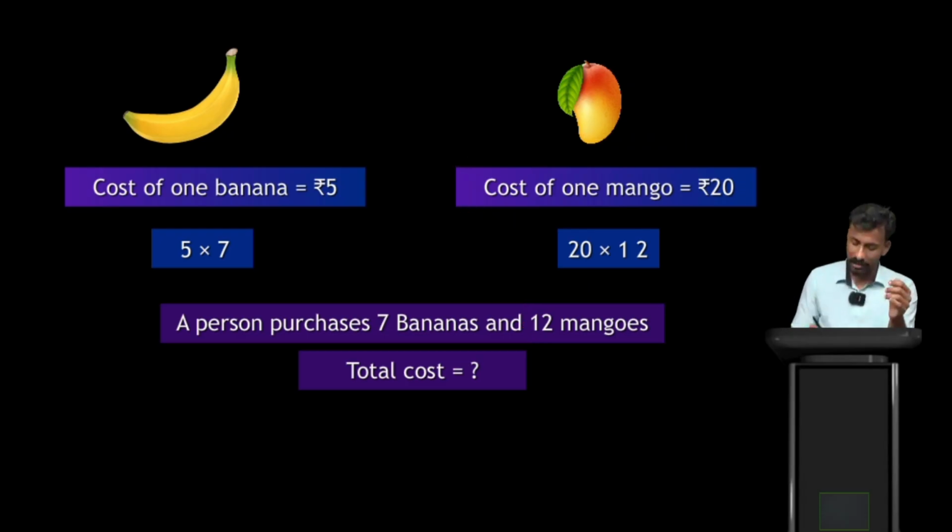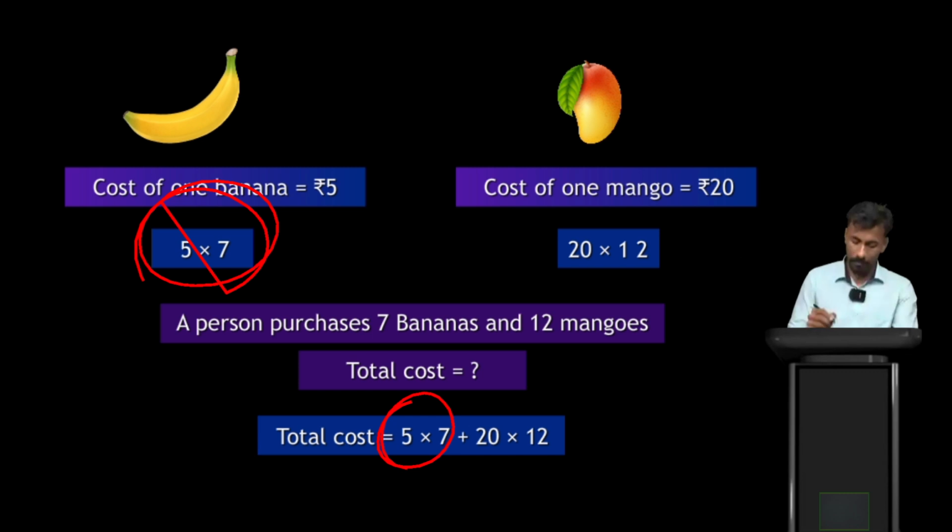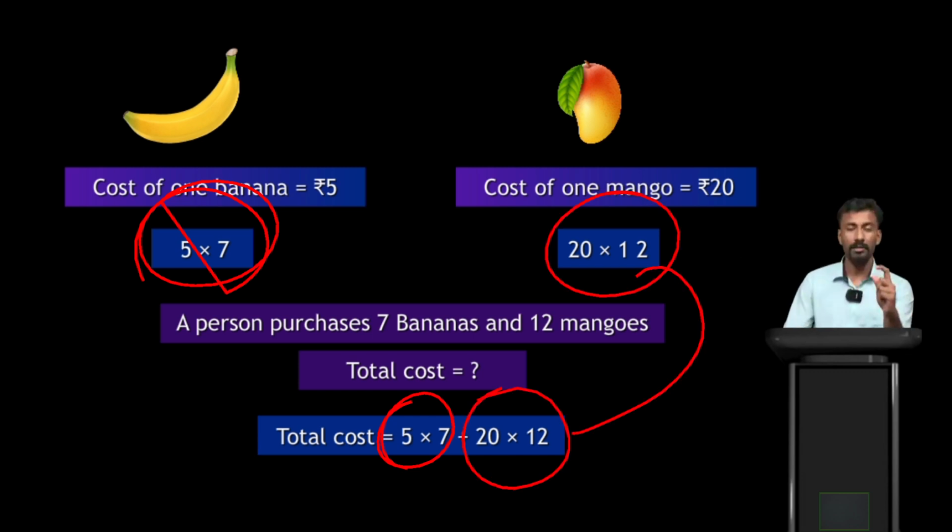The total cost will be the cost of 7 bananas plus the cost of 12 mangoes. The sign is plus. We have to add both the costs.